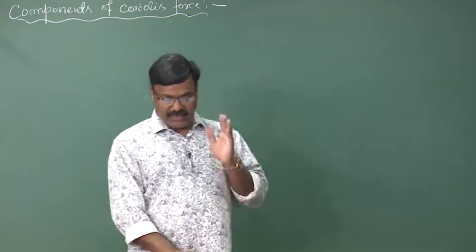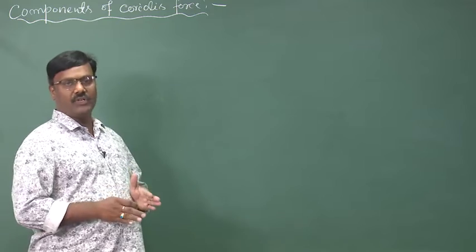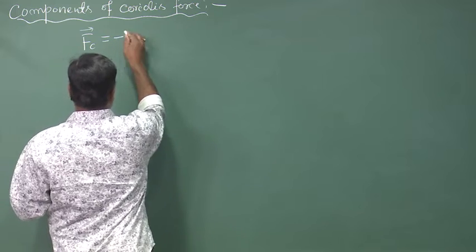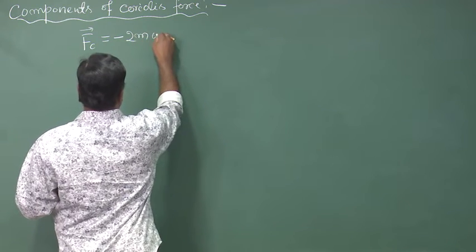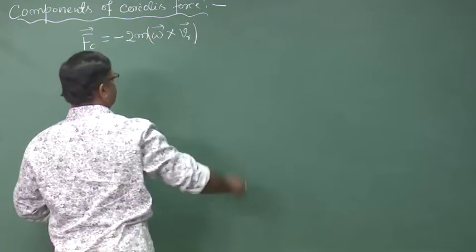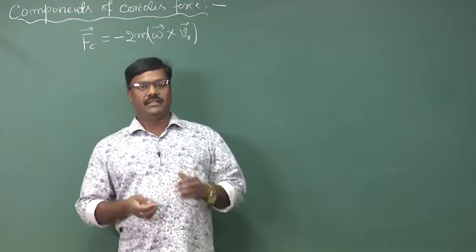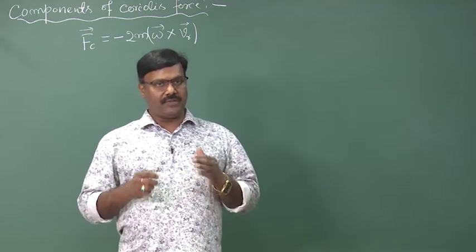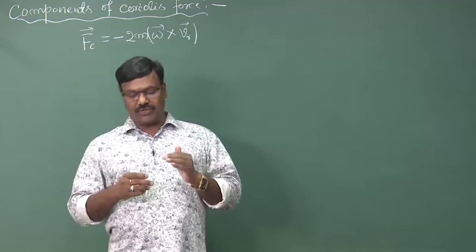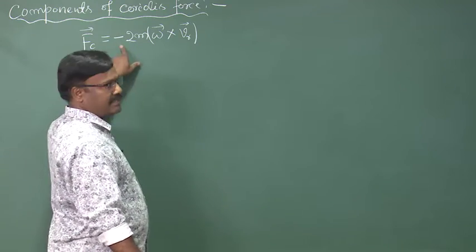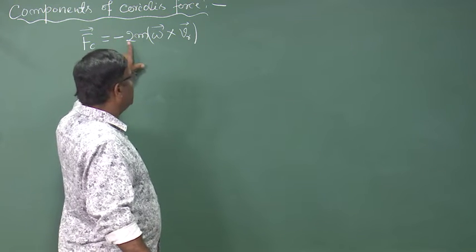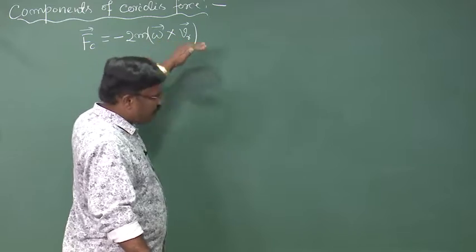And the mathematical expression for Coriolis force is Fc is equal to minus 2 m omega cross Vr, where omega represents the angular velocity of the rotating frame and Vr represents the velocity of the body with respect to the rotating frame, and the negative sign indicates that the direction of Coriolis force is along the opposite direction of omega cross Vr vector.